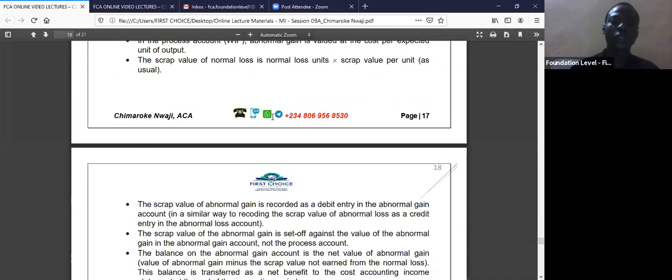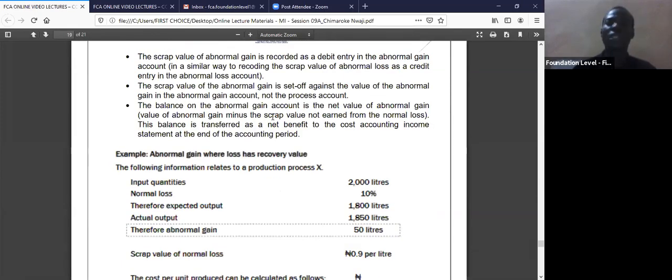We now say the scrap value of abnormal gain is recorded as a debit entry in the abnormal gain account, in a similar way to recording the scrap value of abnormal loss as a credit entry. Let's just go straight to this example here.